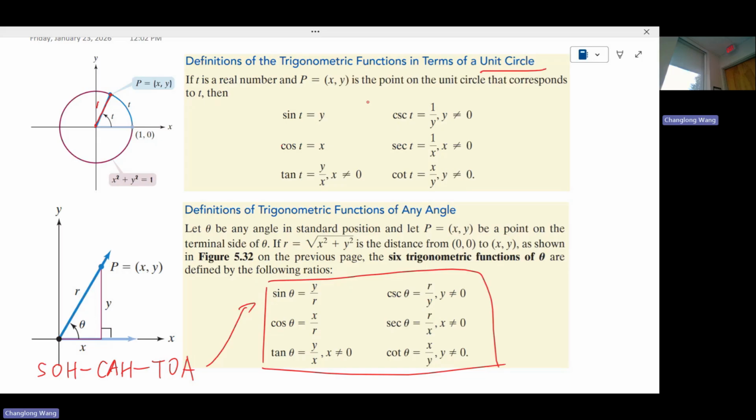There are two ways of grouping the functions. You either go by function or co-function. So sine and cosine are co-functions, secant and cosecant, tangent and cotangent. That's one way to group them.